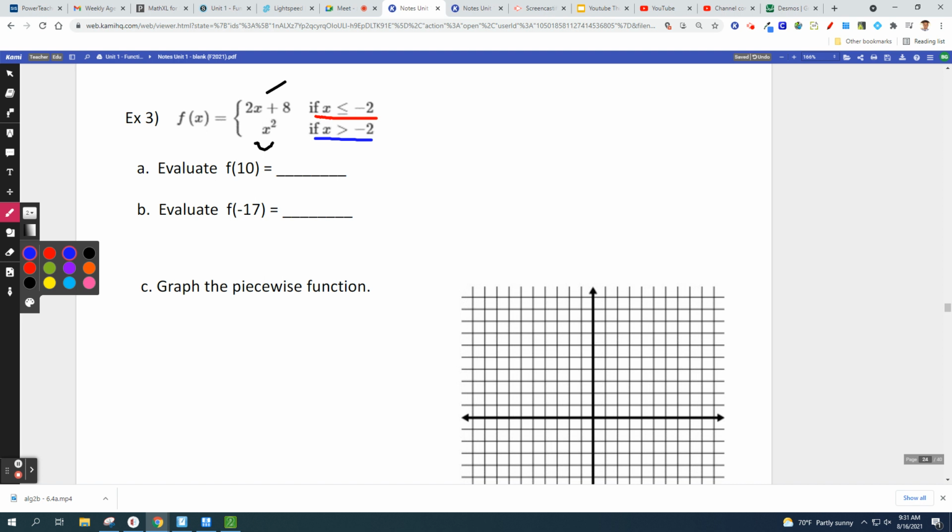Is 10 red or blue? 10 is blue. It's definitely blue because 10 is greater than -2. And so if you're going to find f of 10, you're going to look at the blue piece of the piecewise function. And the blue piece says x squared, or 10 squared, equals 100.